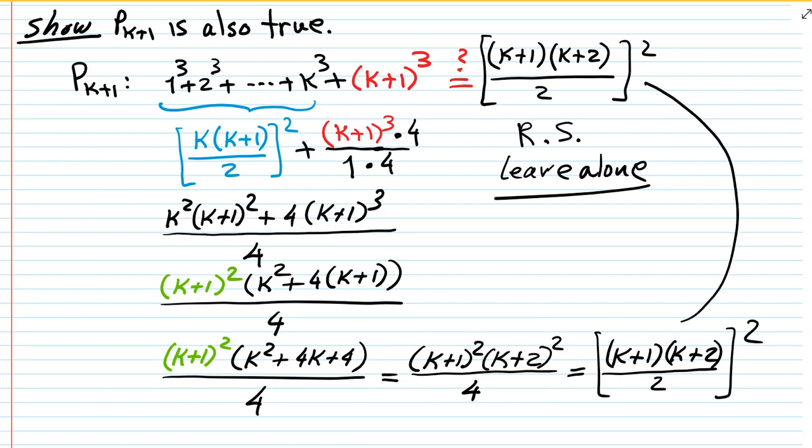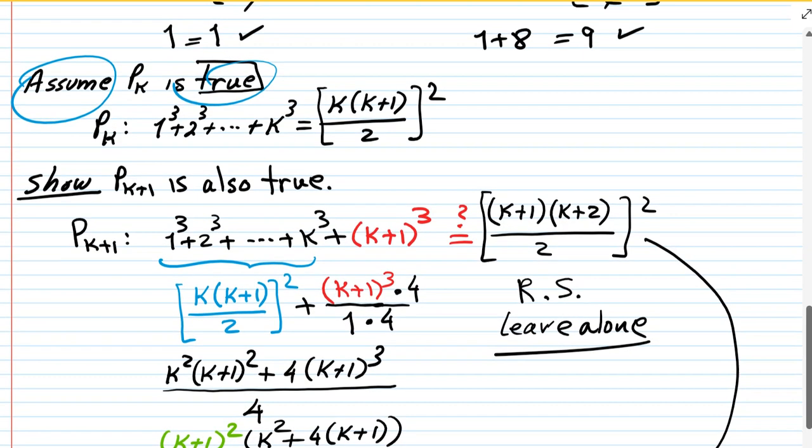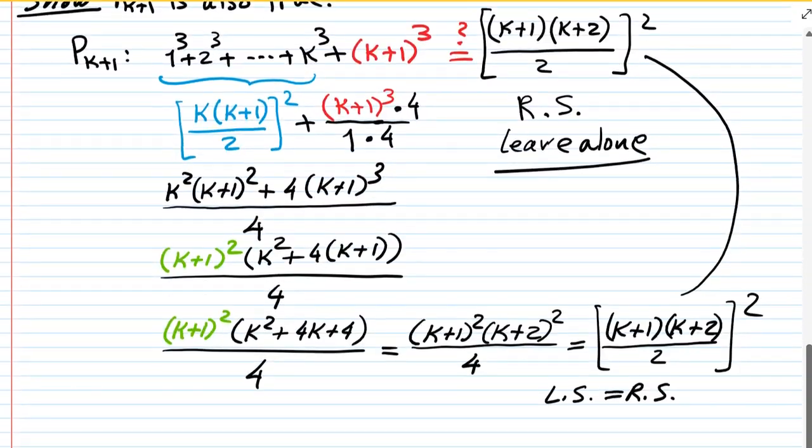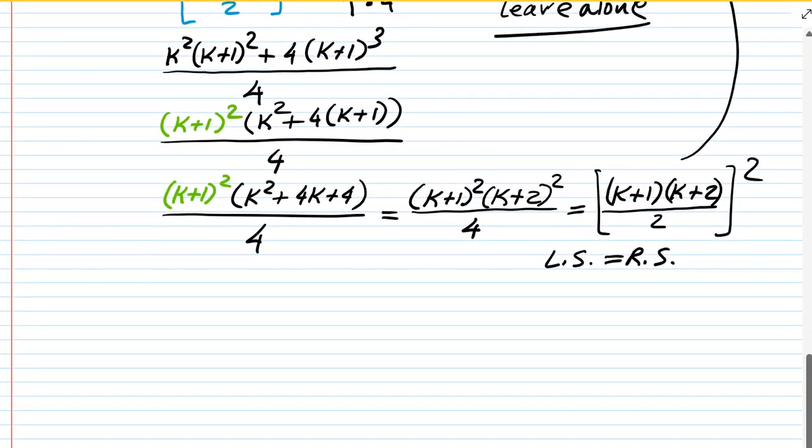And look at the right side. The left side equals the right side, so the proof is complete. Okay? And so we say that the statement is true for all natural numbers. I'm just going to say the statement is true. That's by induction.